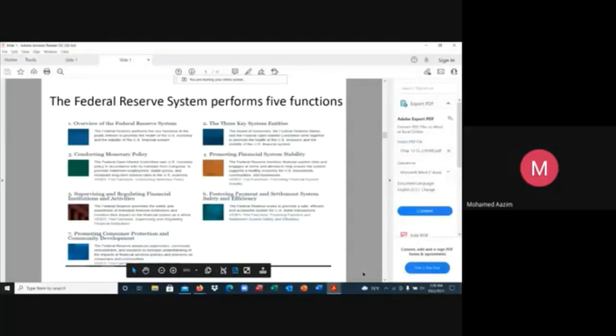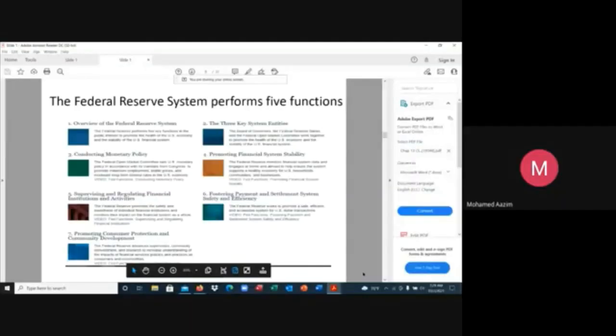Another very interesting and important function is payment and settlement system safety and efficiency. Today, this is much more enlightened by pandemic circumstances, because people increasingly want to use safe, efficient and accessible systems for financial transactions. It is not necessarily physical transactions that they are looking at.